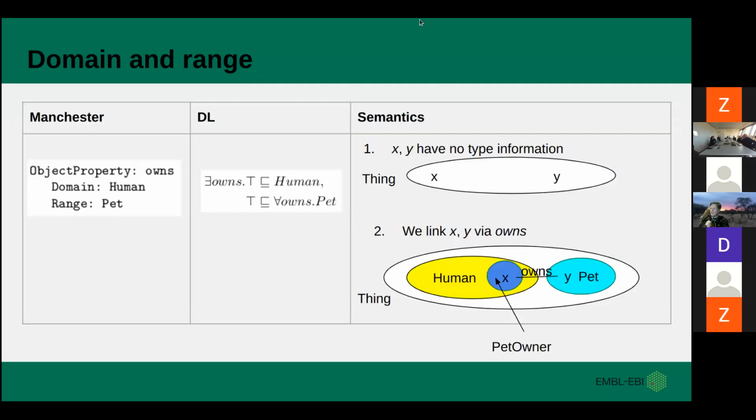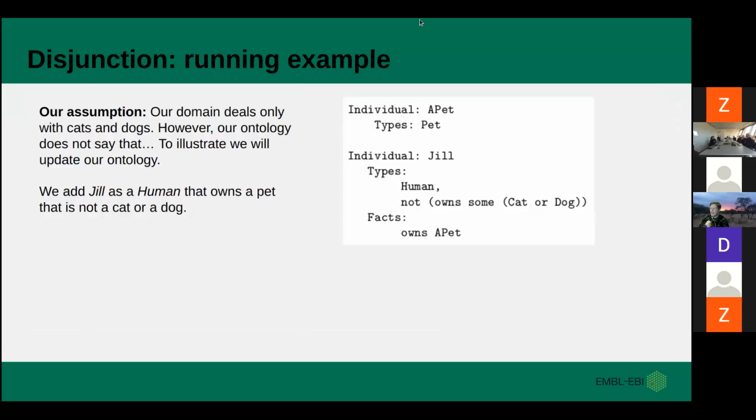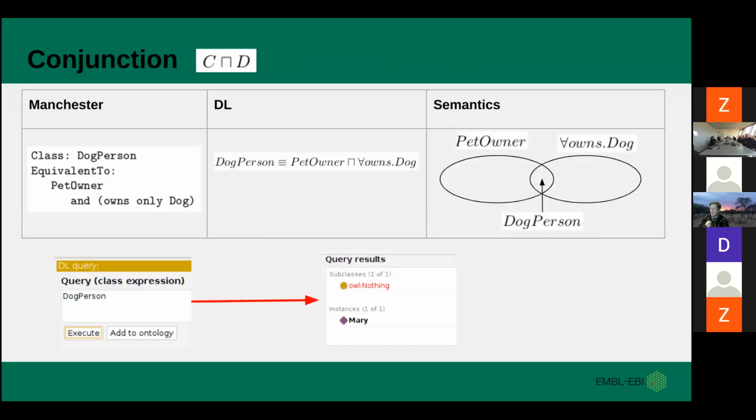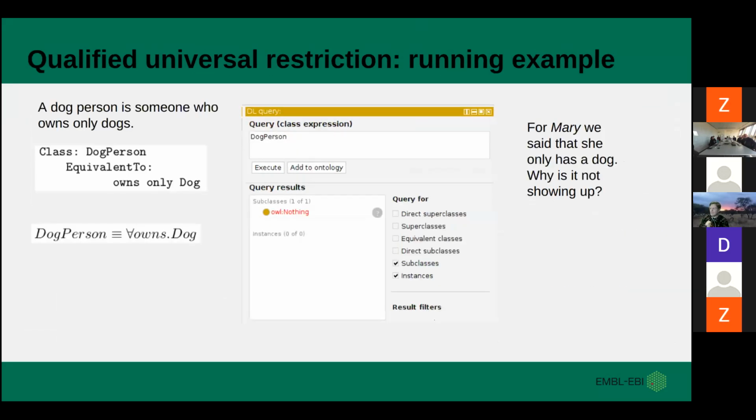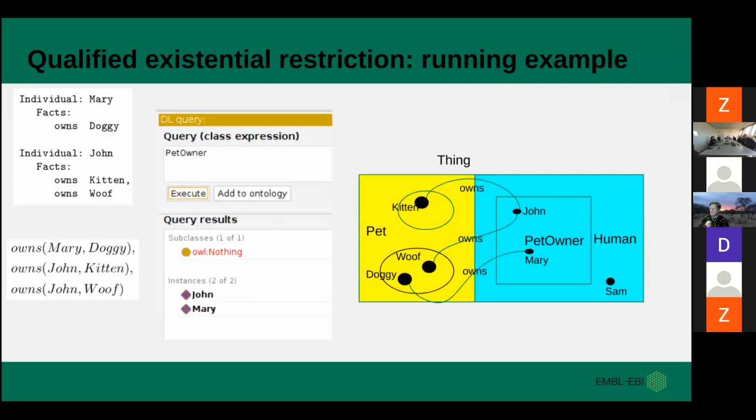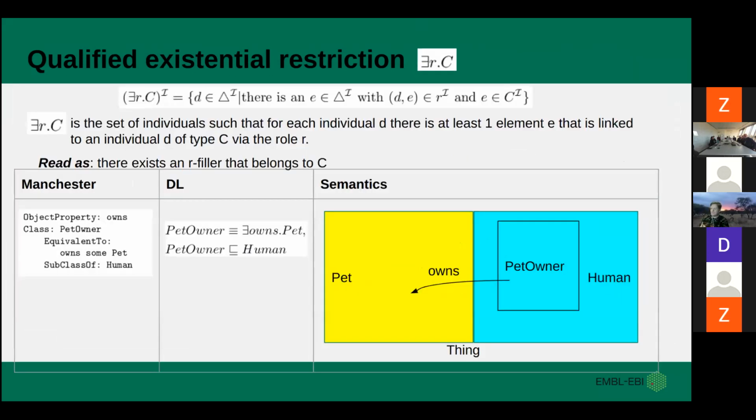I know Henriette has another blog post related to this. Yes, it's the choice between making it pet owners, like the previous slide. So you chose to make it equivalent to owns some pet, subclass of human, rather than equivalent to human and owns some pet.